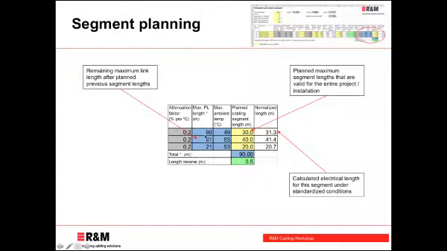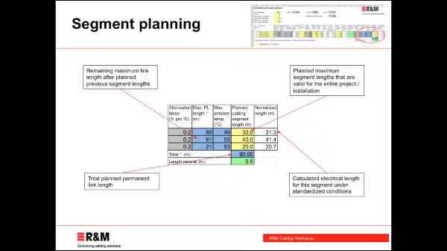So what you start from is 90 meters for segment length 1, you reduce it by the length that you have here, and what you get here is always the maximum length you could go after all the other segments are there.